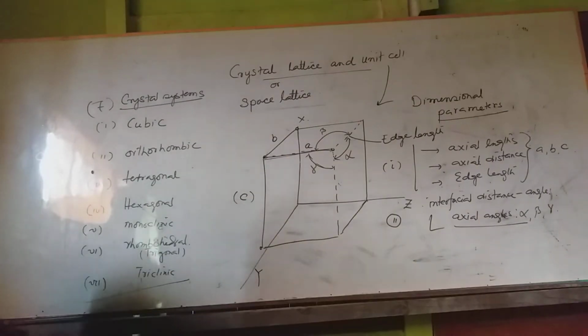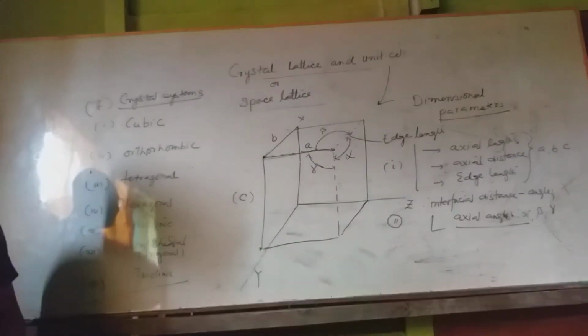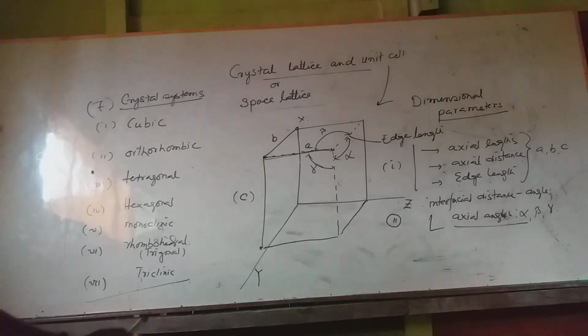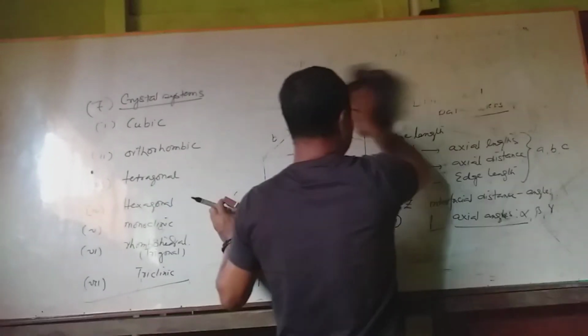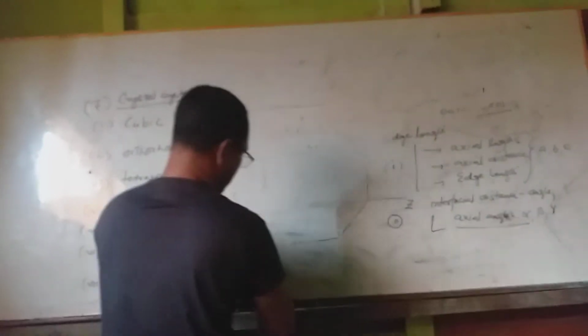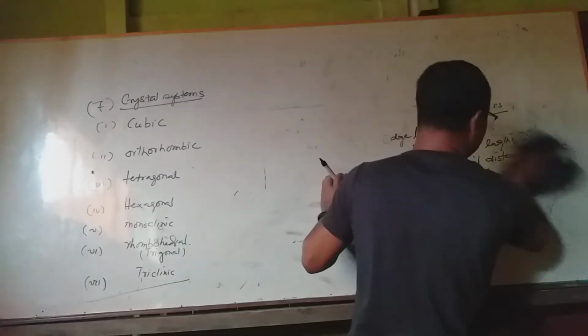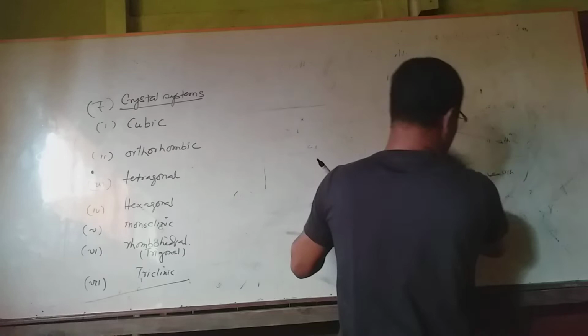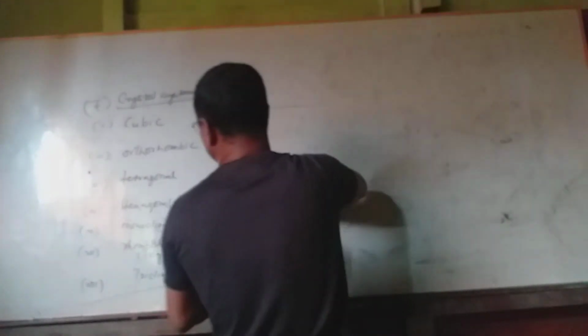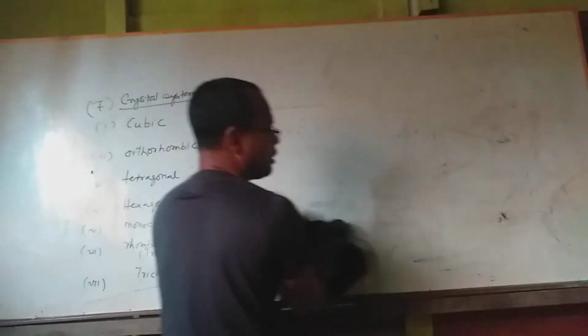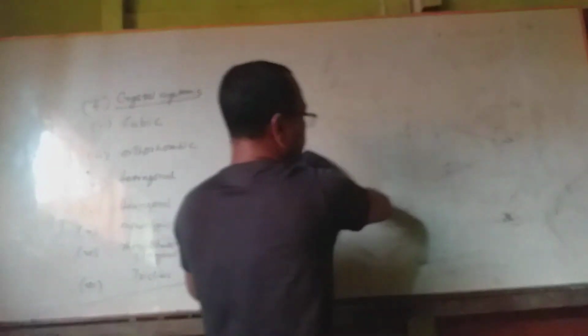Now what are the differences between them? Let me write them here, easier to understand, so you can go through the book. The dimensional parameters of these crystal systems are given in a table, so you can compare.